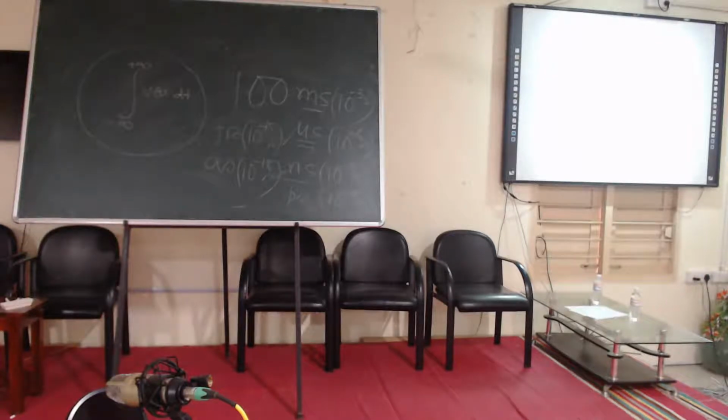So the first question: if I want to know how molecules are doing something in this room, there is a lot of chemistry going on here. If I want to know all these chemistries in real time, the way we are capturing an image, then I have to know the time scale of those molecular events.